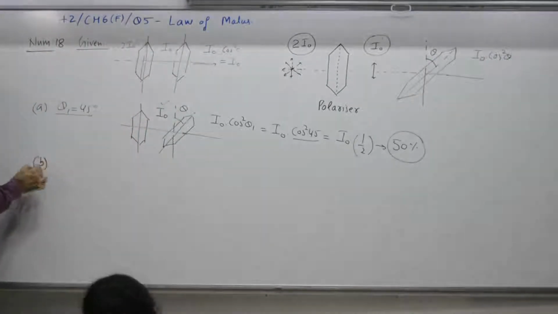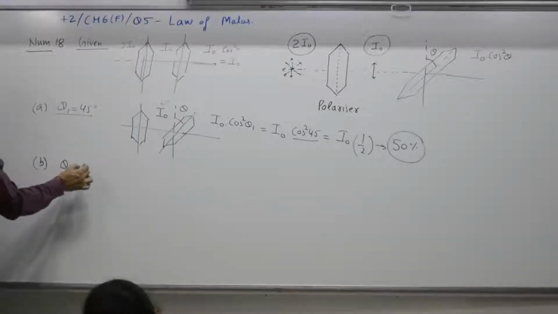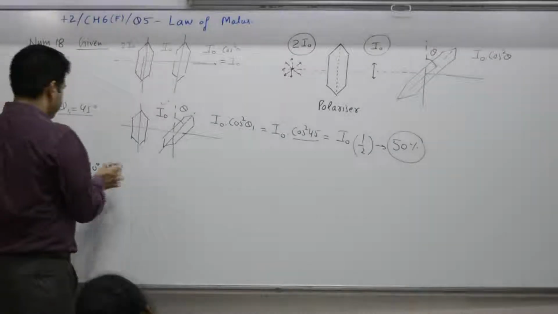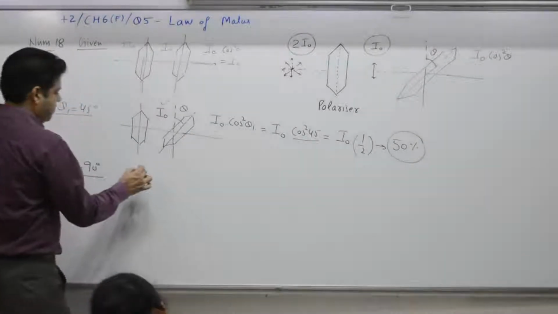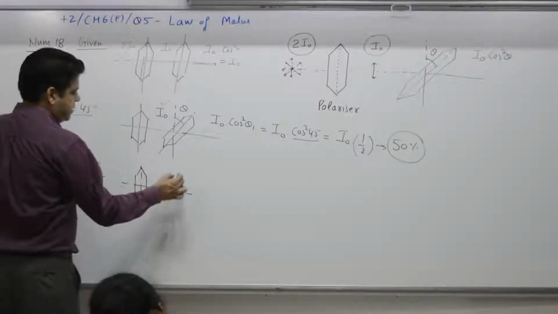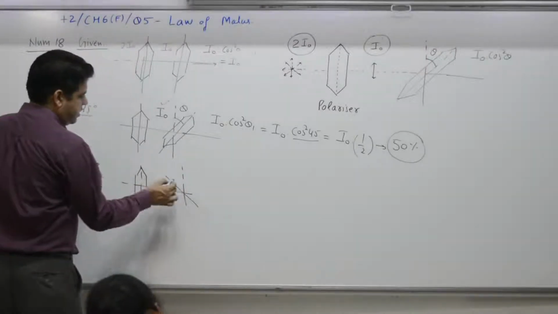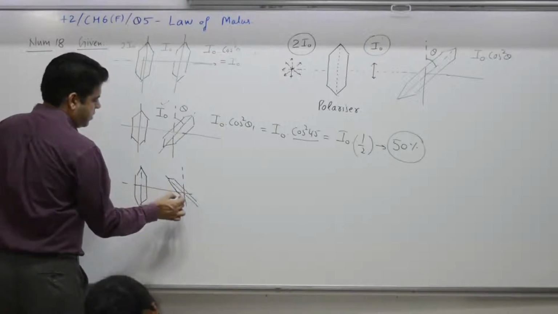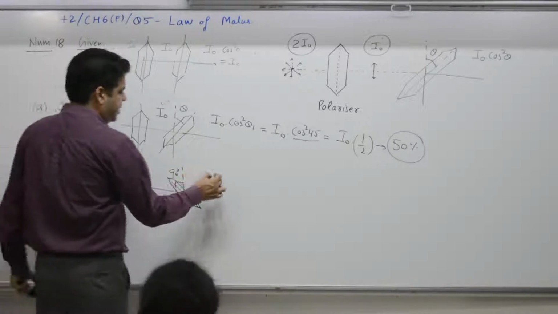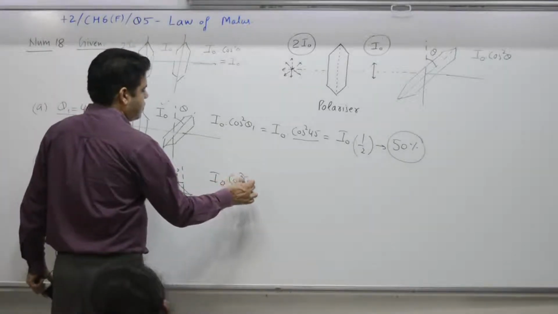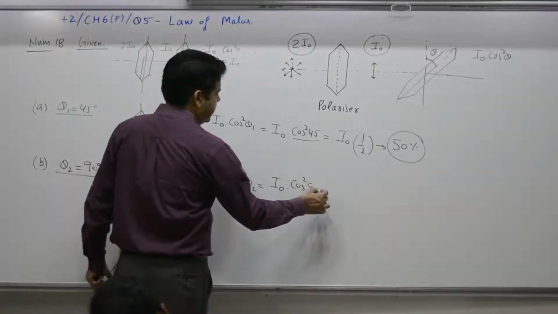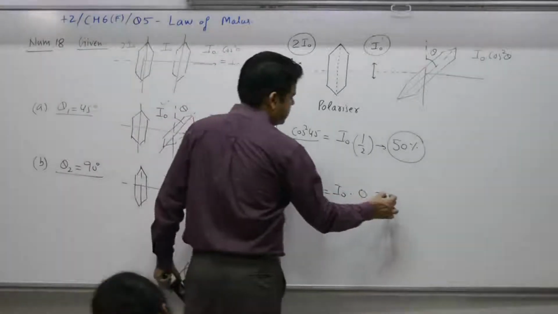Second case, angle is 90 degree, theta 2. One is like this, the other one is perpendicular. Angle between the two is 90 degree. I naught cos square theta 2, I naught cos square 90. Cos 90 is 0.